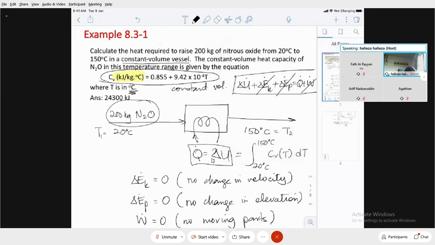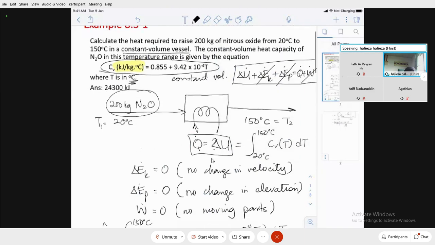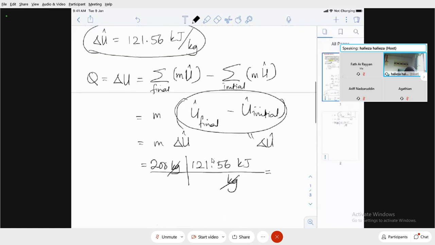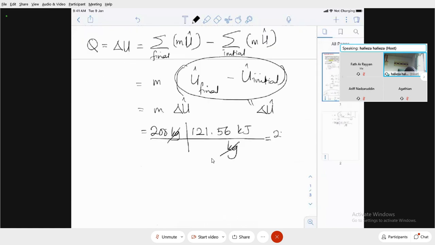24,300 kilojoules. Let's see. Is it 24,300 kilojoules, or is this rounded off? Exactly? No, 312. Okay, so that means it's rounded off.